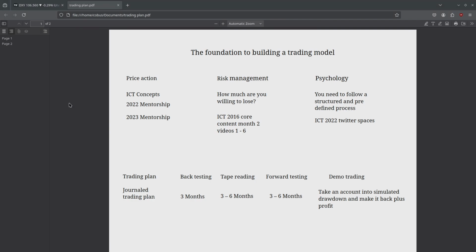Today, we're talking about the foundation to building a trading model. So, you have all this information you've been studying, watching videos on ICT's YouTube channel.